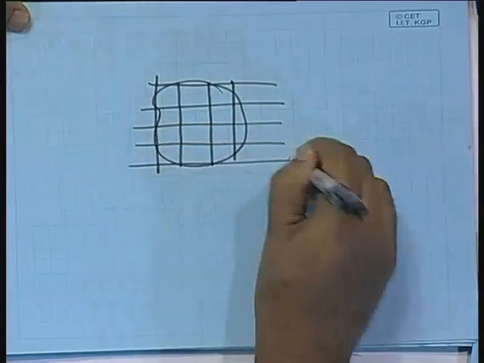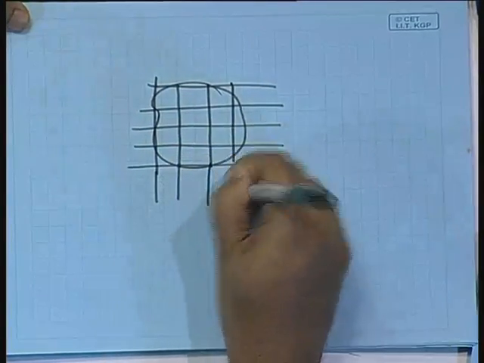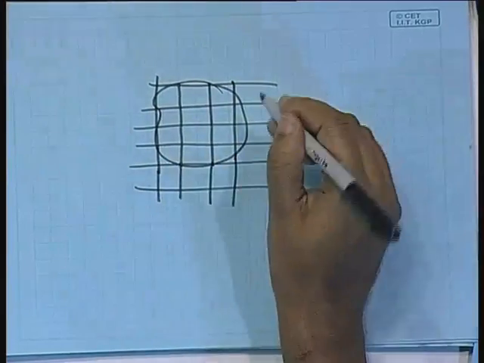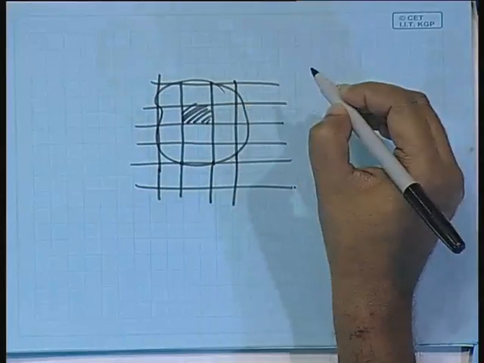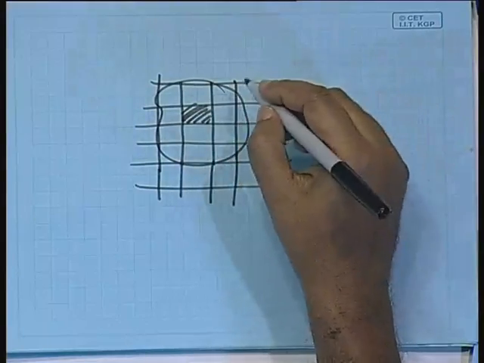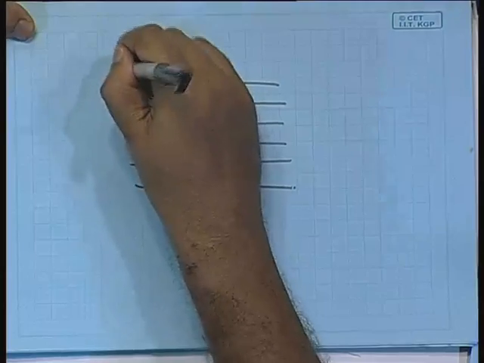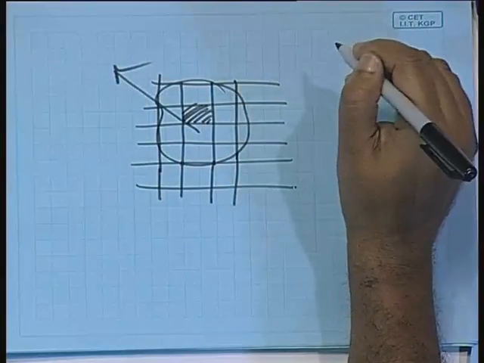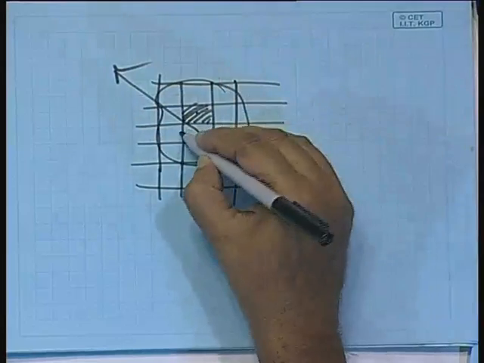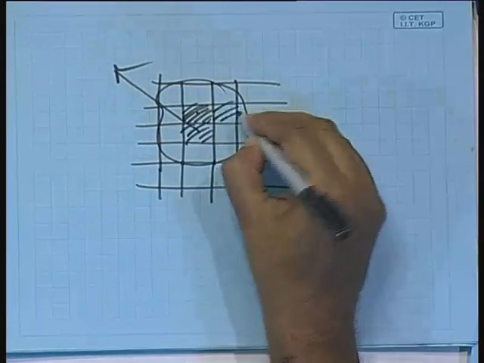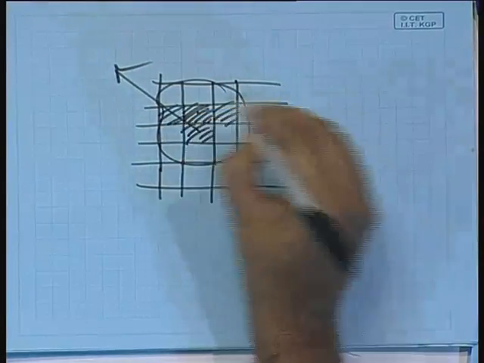These are all 16 by 16 blocks. Now, you see this block is fully inside the object. So, if the object is having a displacement vector like this, this particular block is having that displacement, even the next block is also having, even all these blocks which are fully contained.